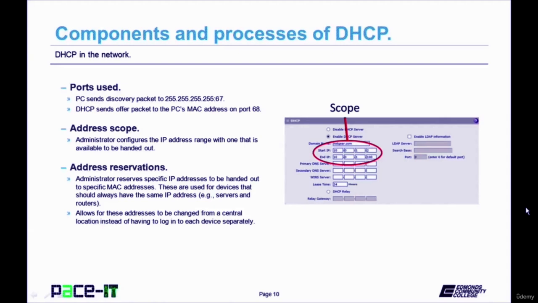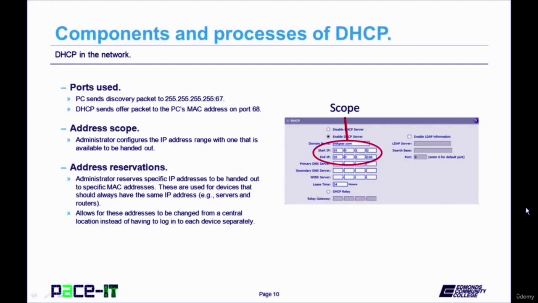There's also what are called address reservations. Now these are administrator configured reserved IP addresses. The administrator reserves specific IP addresses to be handed out to specific MAC addresses. Now, these are used for devices that should always have the same IP address, as in servers and routers.